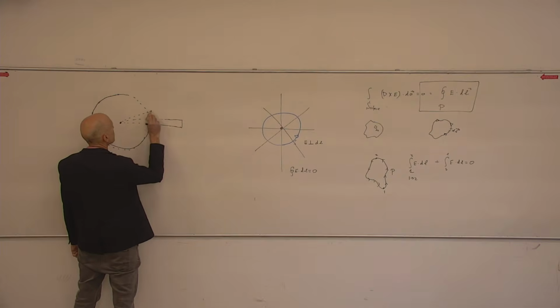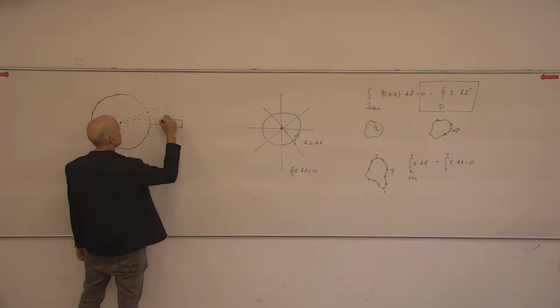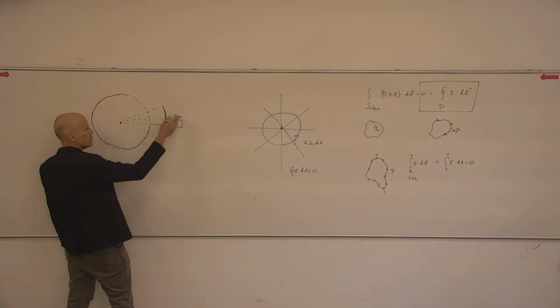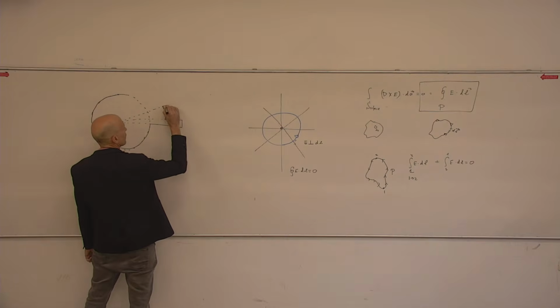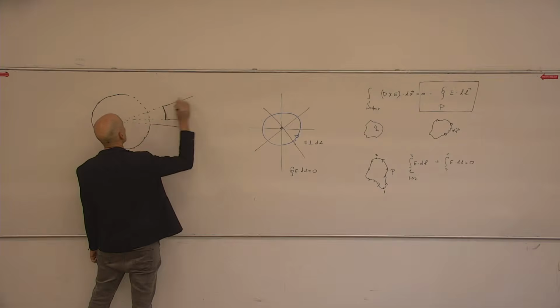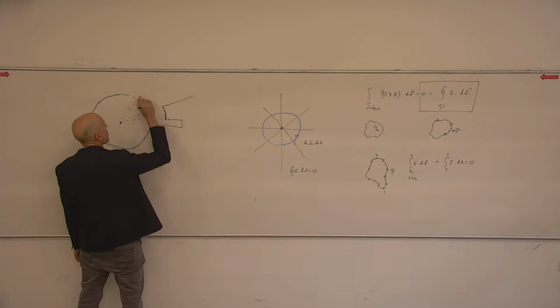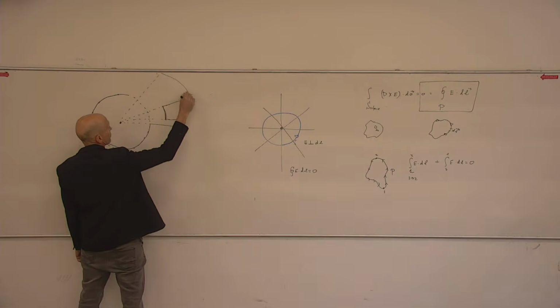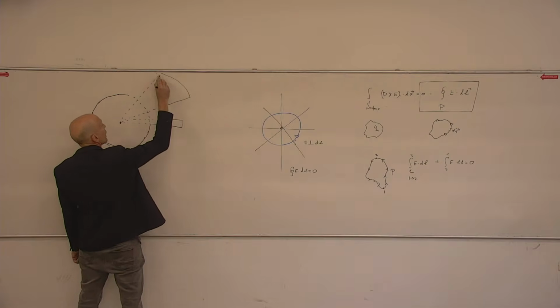This is again a radius here. This is on a circle whose center is here. This is also on a circle. I go like that, let's say like that. Is this complicated enough? I go backwards.